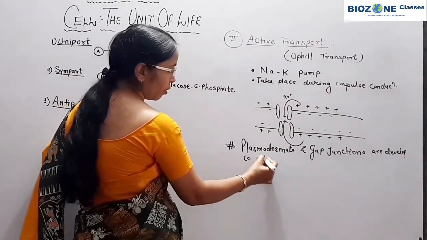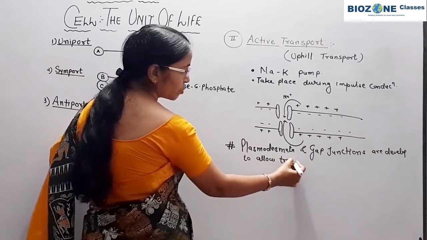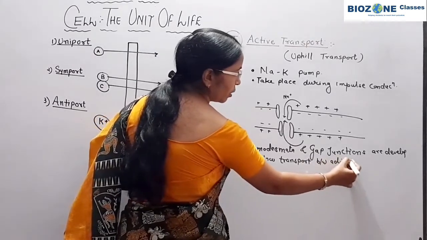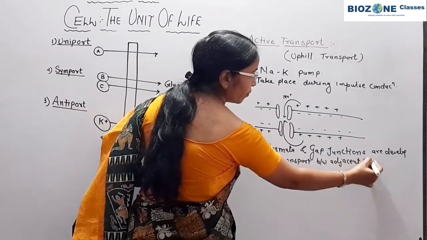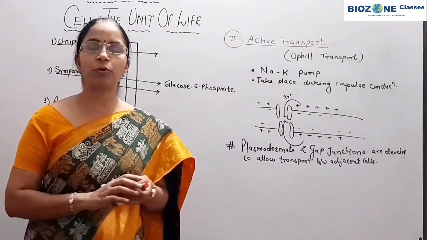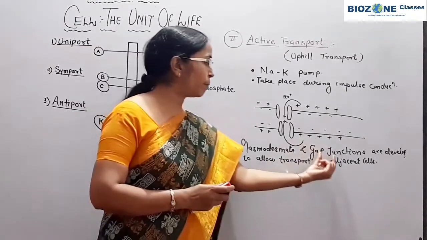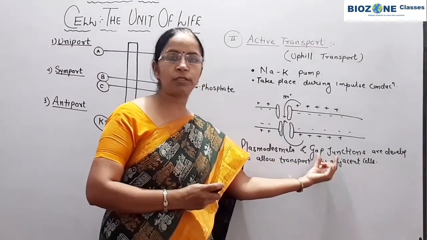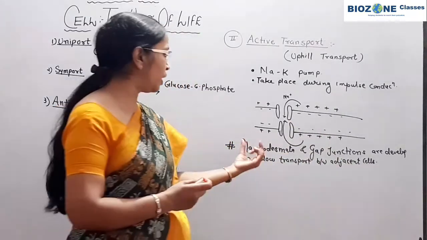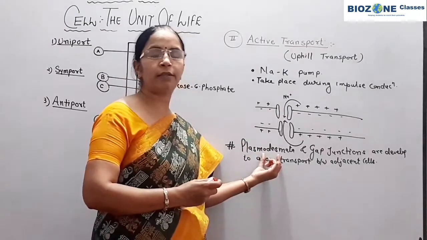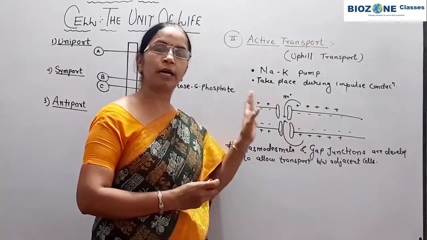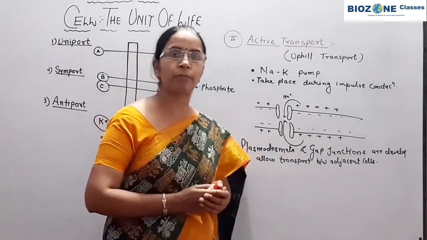To allow transport between adjacent cells. In between adjacent cells, the plasma membrane develops gap junctions, and through these gap junctions cytoplasmic strands pass. In plants these strands are called plasmodesmata. So this much you remember, because these are some special functions of the plasma membrane.